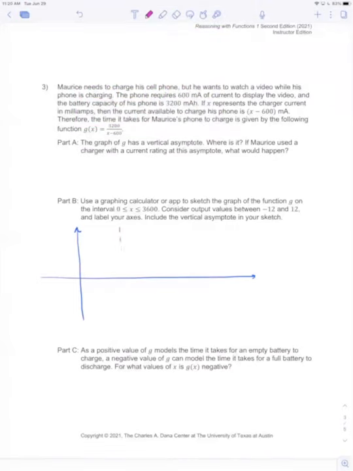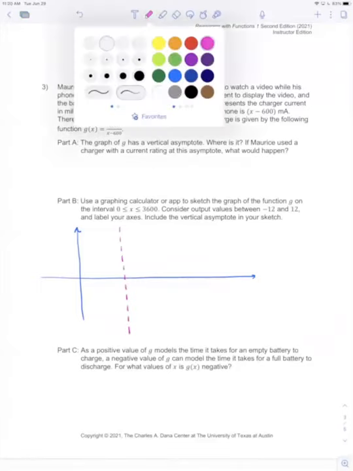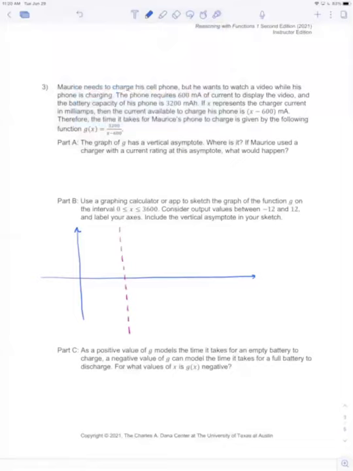Let me just draw a dashed line here. So this is 600. So there's our vertical asymptote. The curve is going to look pretty much like the other curves we had. It's going to come down and go like this.